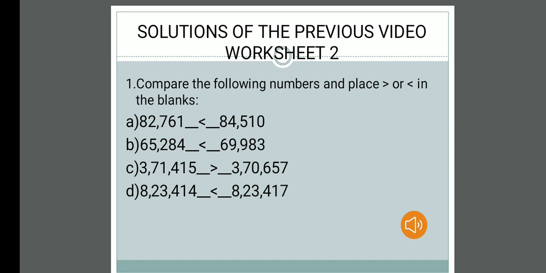The second question: 65,284 and 69,983. So you have to go on checking the comparison of the digits. When you compare the digits, 65,000 is less and 69,000 is more. So 69,983 is greater.